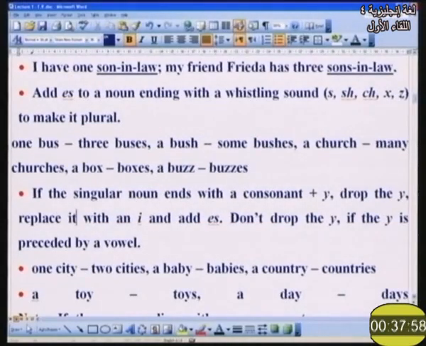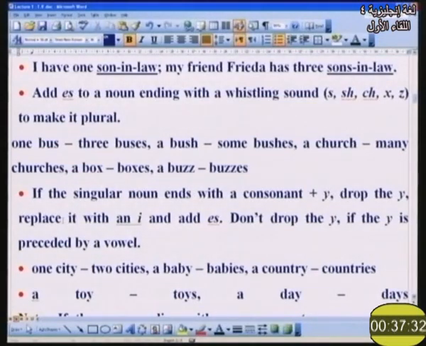In English you have 26 sounds. 5 of them are called vowels, الأصوات المتحركة. A, E, I, O, U. Then you have 21 sounds that are not vowels, they are consonants, like B, C, D, G, M, N, X.